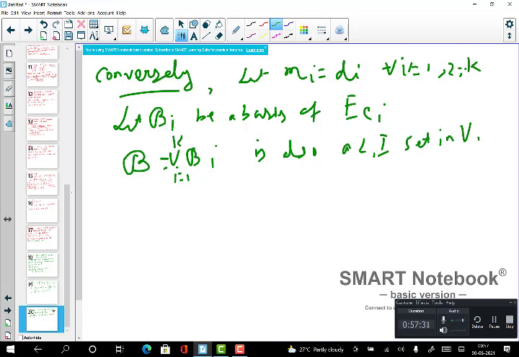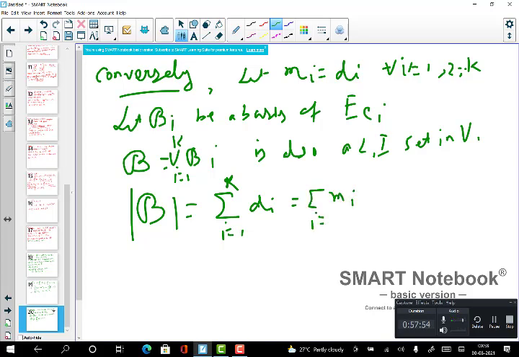The answer is yes, because the cardinality of this is the sum of Di's, i equal to 1 to k, because each Bi has cardinality Di. But Di equals Mi, so this is the sum of Mi, i equal to 1 to k, which equals n.